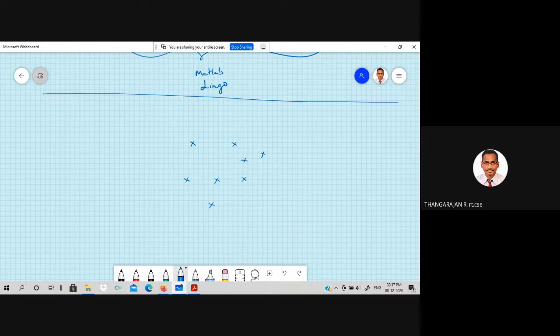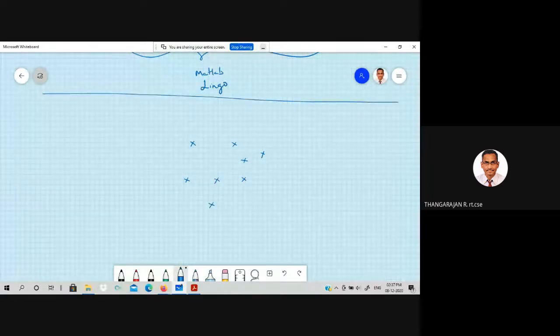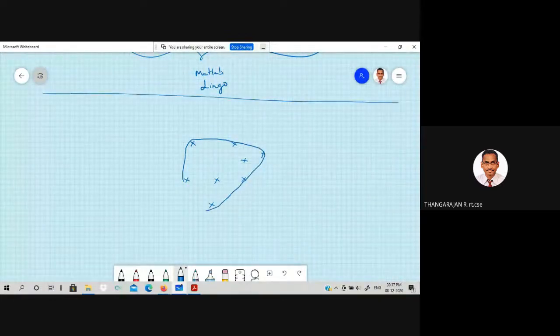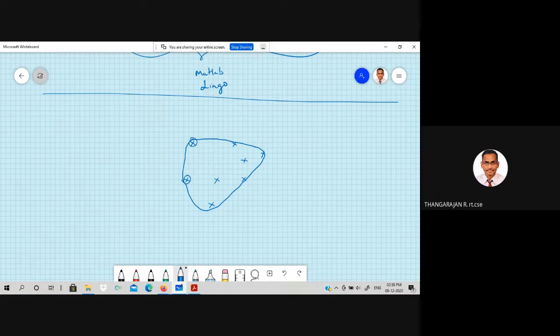Just take this set of points as points on a plane, like you put some nails on it, and you take a rubber band and stretch it over these nails. Then this is how it comes. These points are the points on which you have put the rubber band, and the remaining points are automatically enclosed within this region. Now this is what is called the convex hull.